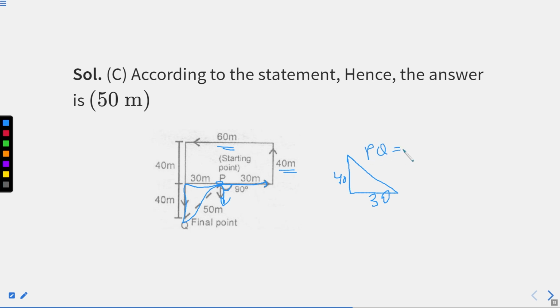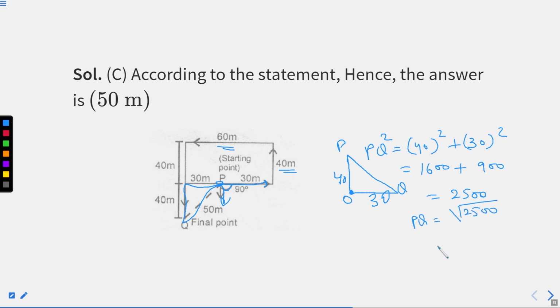PQ squared is equal to 40 squared plus 30 squared, so 1600 plus 900 comes out to be 2500. Let this point be O. In order to find PQ, we take the square root of 2500, and that comes out to be 50. I hope you find it clear.